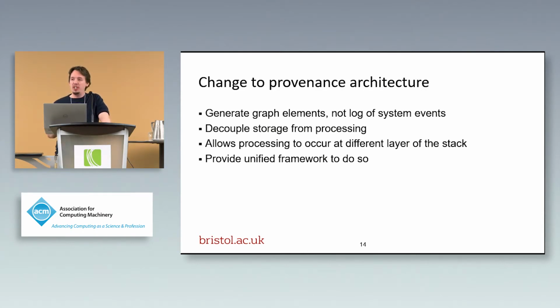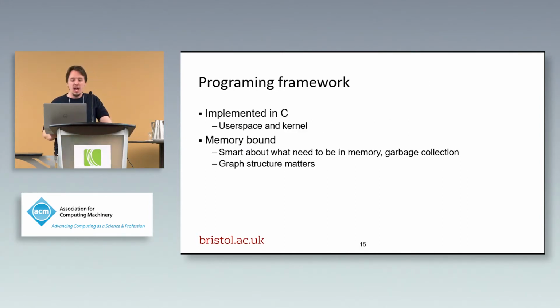We decouple storage from processing because we still want to be able to do forensic applications, because that's useful, but we want to be able to do a more lightweight analysis as the system runs. As I said, we allow the processing at different layers, and we provide a uniform framework to do so. So we want to write the application the same way, whether you're in the kernel or in user space.